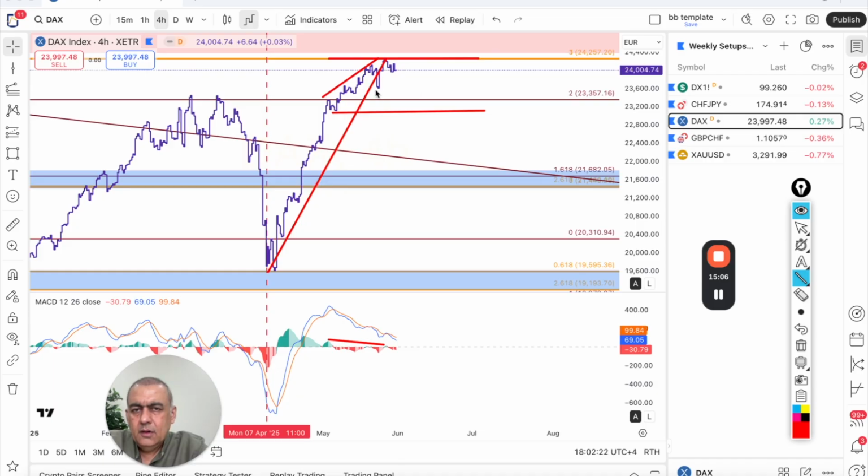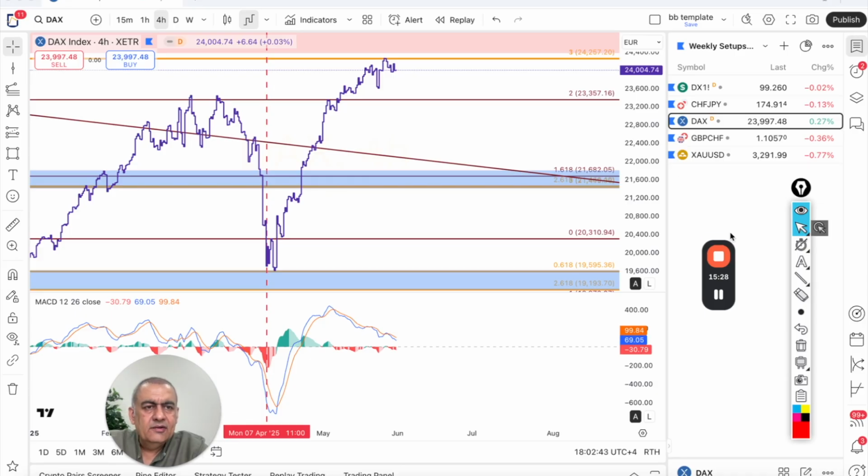So only on the lower time frame, I'm expecting some sideways consolidation until ECB announcement, or maybe a shallow pullback, and then marching upwards. So DAX looks bullish to me across all time frames.